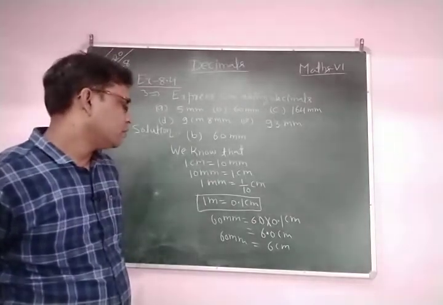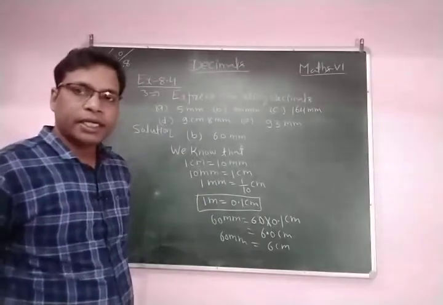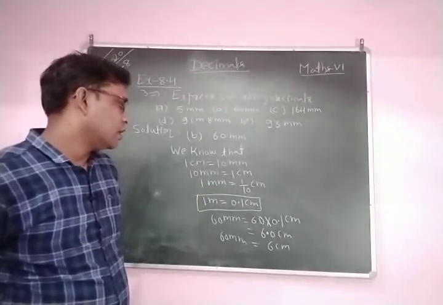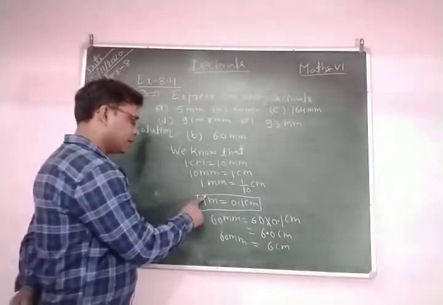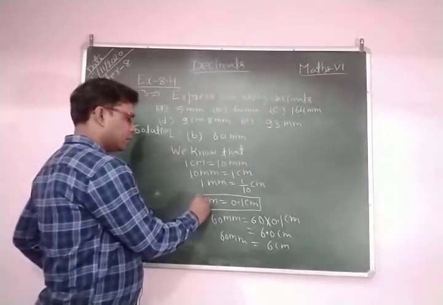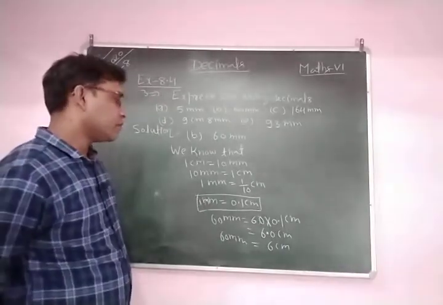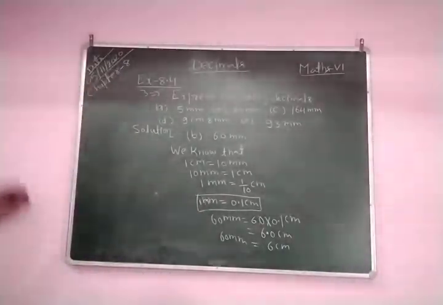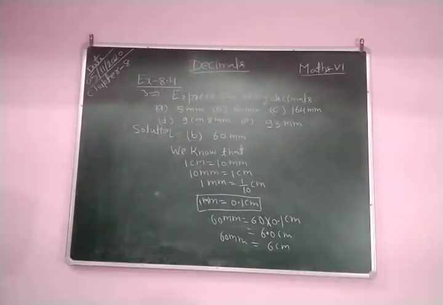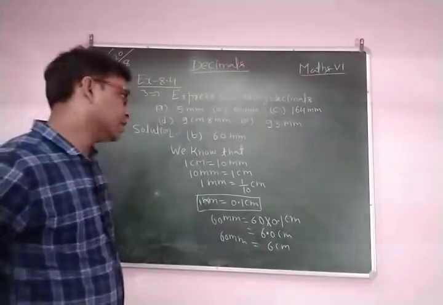Or simply 1 millimeter is equal to 1 upon 10 centimeters, which is 0.1 centimeters. So 60 millimeters is equal to 60 into 0.1 centimeters, which is 6 centimeters.